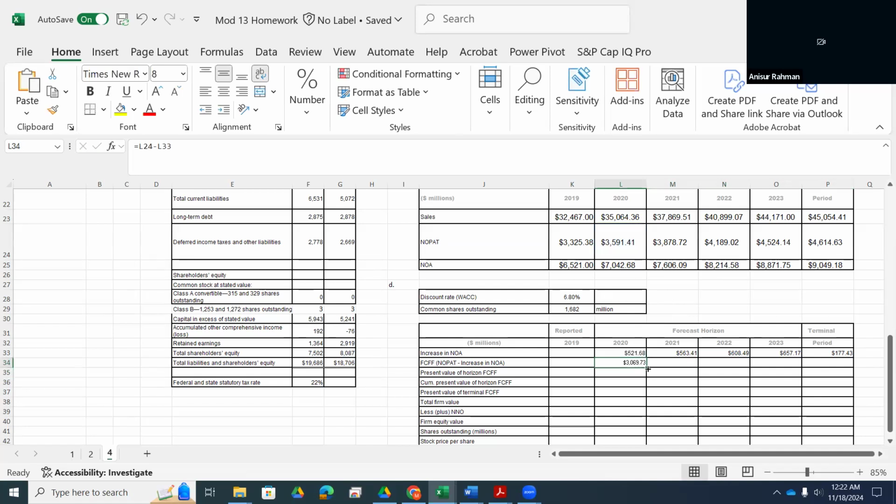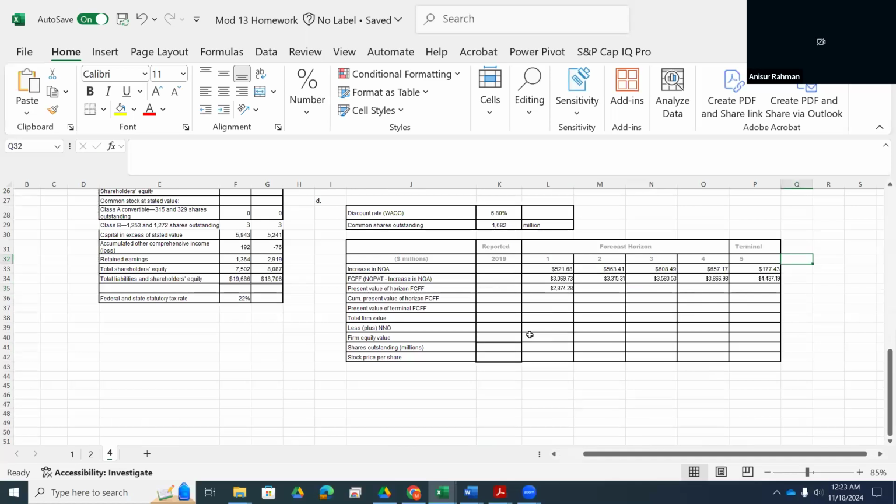And then I'll pull across. And our present value is equal to our free cash flow divided by open parenthesis 1 plus our discount rate. I will lock this cell, close, raised to the power this year. So this will be replaced with number 1. So 1, 2, 3, 4, 5.